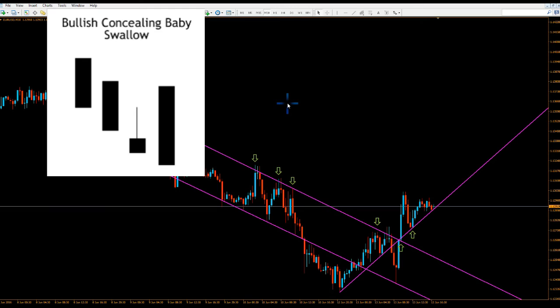We call those maru bozu candlesticks. And then the third one, you have the inverted hammer like kind of candle because it was bullish, but then it was pushed down. And then you have the last candlestick.